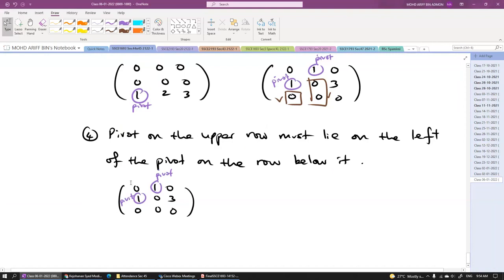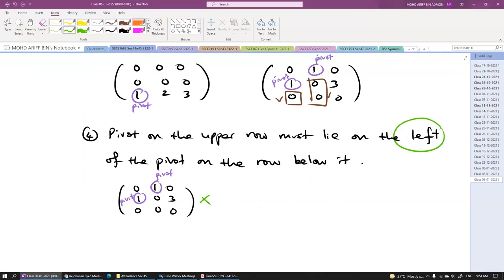In this current matrix, the 1 is positioned on the right of the second row pivot, and this does not satisfy condition number 4, because the pivot must be located on the left of the pivot below it. So this one does not satisfy condition 4, because the first row pivot is on the right of the second row pivot.